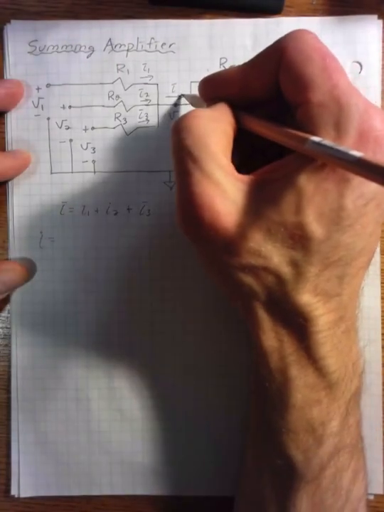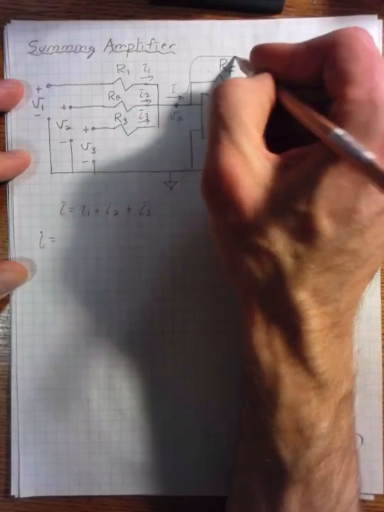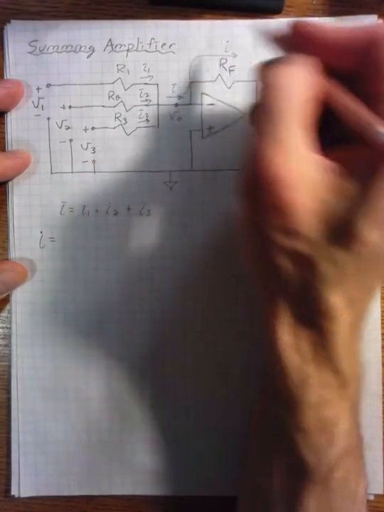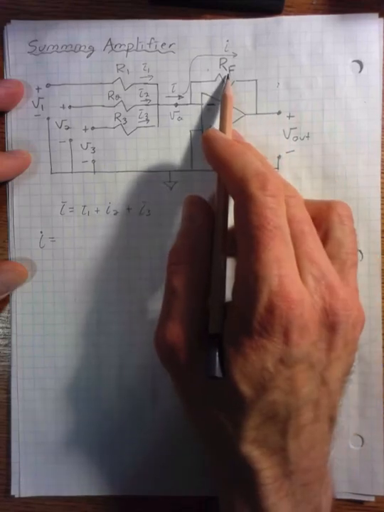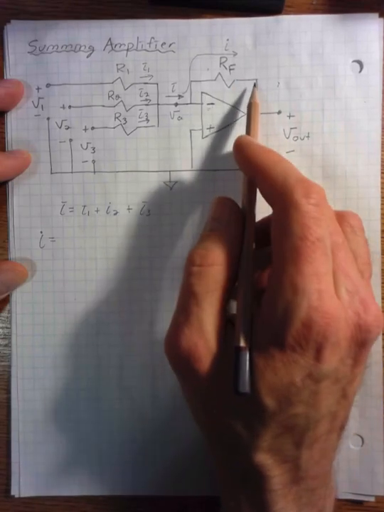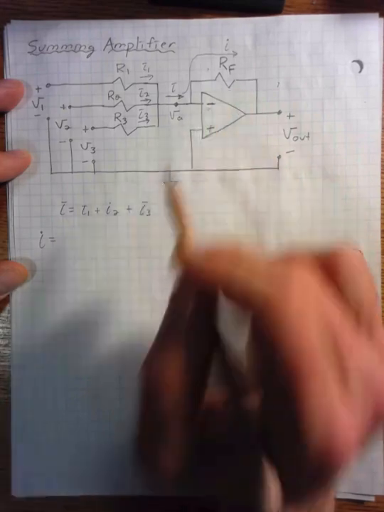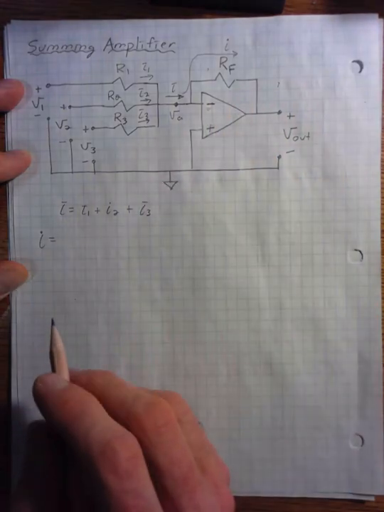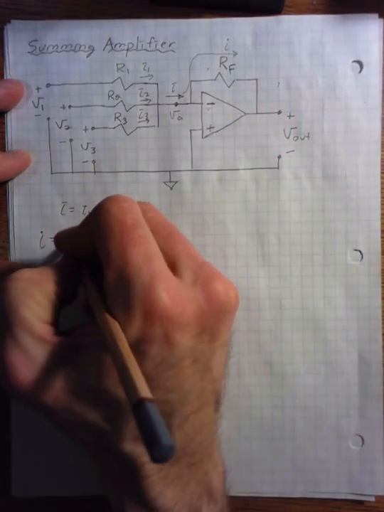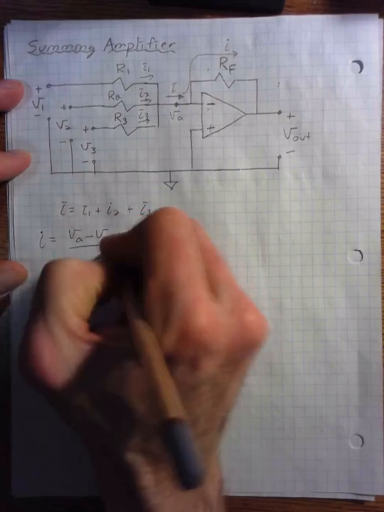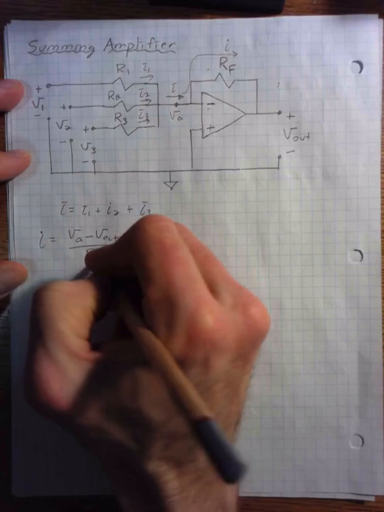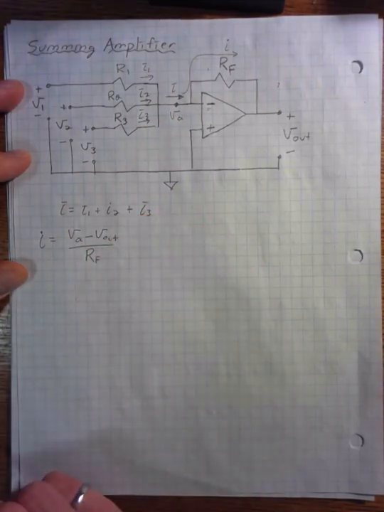So basically, this current has to flow through this resistor. And by Ohm's law, the current through this resistor is equal to the voltage difference across the resistor divided by the value of the resistor. And so this is equal to VA minus Vout divided by RF. That's equal to the total current.